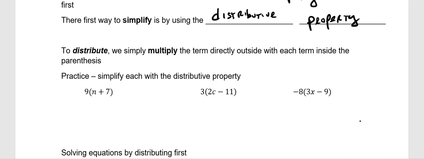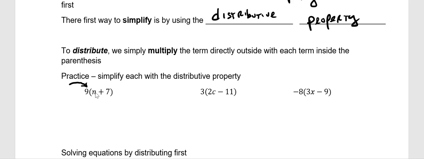The distributive property is fairly straightforward. To distribute, we multiply. So we need to understand there's a term on the outside. So we multiply this term on the outside with the terms that are on the inside of the parentheses. And you'll notice that for our practice, there will be only two terms inside the parentheses.